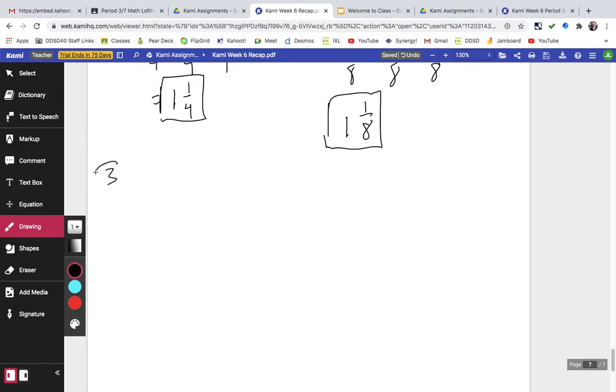The third problem on our Kahoot game today was 2 1/2 plus 1 1/3. So we could combine the 2 and the 1 to 3.